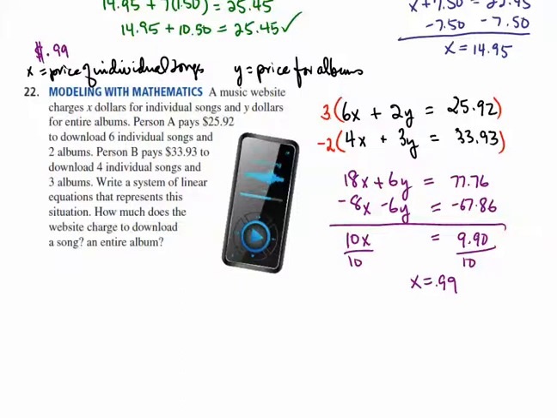Now we're going to take that and plug it into the first equation. So 6 times 99 cents plus 2y is equal to 25.92. 6 times 99 cents is $5.94 plus 2y is 25.92.